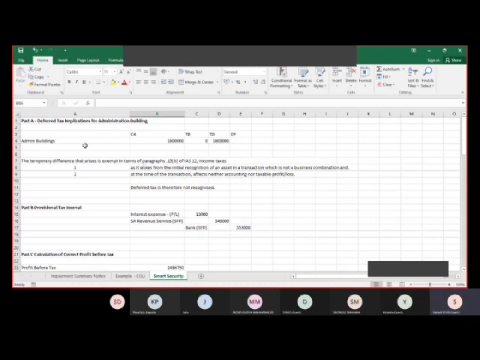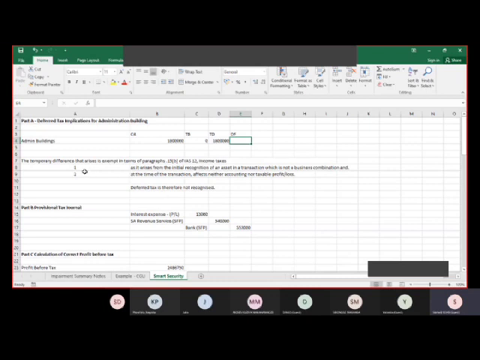If you look at what I've done for the administration buildings: the carrying amount is 1.8. The tax base is 0 because SARS doesn't give you a deduction, so you don't have any amounts that will be deductible in future. Hence it's 0. Now we have a temporary difference of 1.8. Can you provide deferred tax on this temporary difference? No, because of the exemption. So there are no deferred tax consequences.